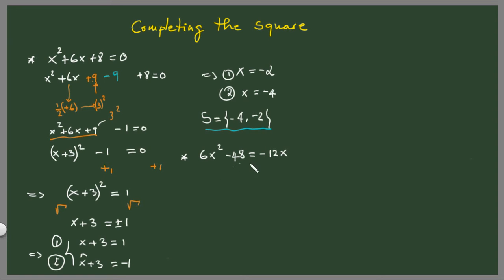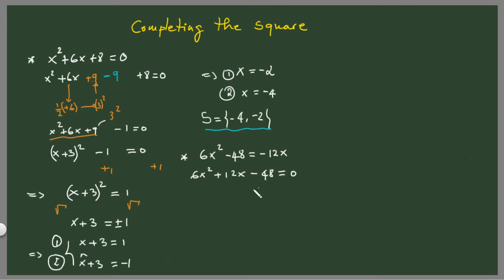The first thing to do here is to rearrange everything like an equation equals 0. So this is going to look like 6x to the 2 plus 12x minus 48, but the whole thing equals 0.